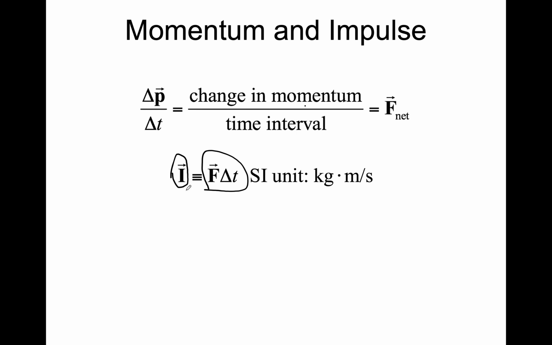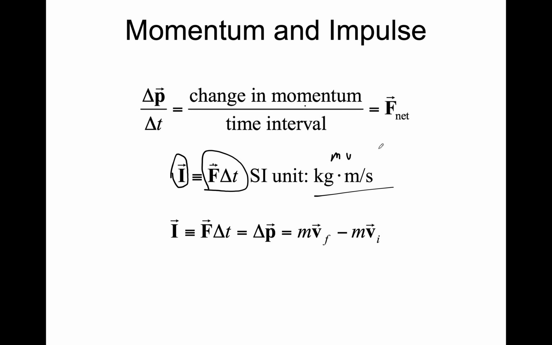And we can see impulse is also a vector. It has exactly the same direction as the force. Its unit is kilogram meter per second, because the unit for force is kilogram meter per second squared. Then we multiply by time, which has unit second, so it becomes kilogram meter per second. This is also the same unit as mass times velocity.